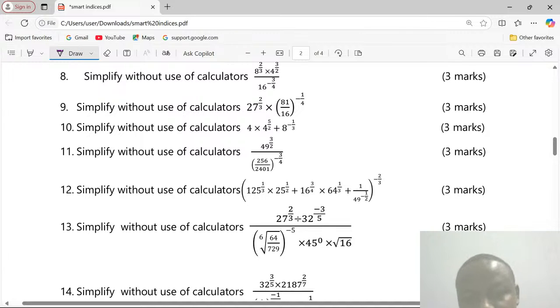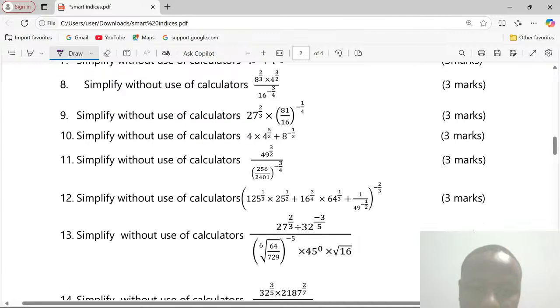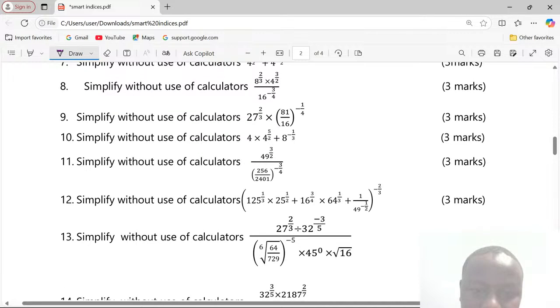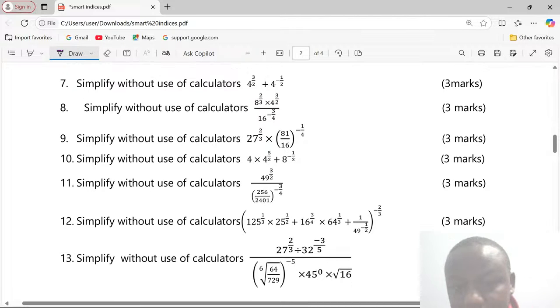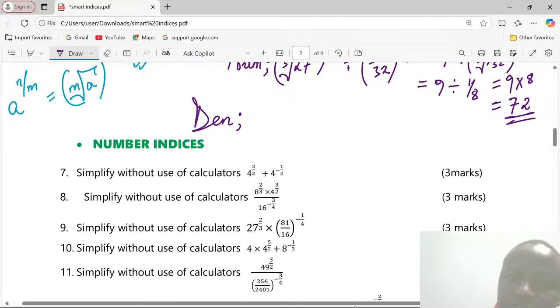So at this point, let's apply the sixth root first of 64, whereby we'll be talking of 2 power 6. Yeah, so the sixth root of 64 is 2.